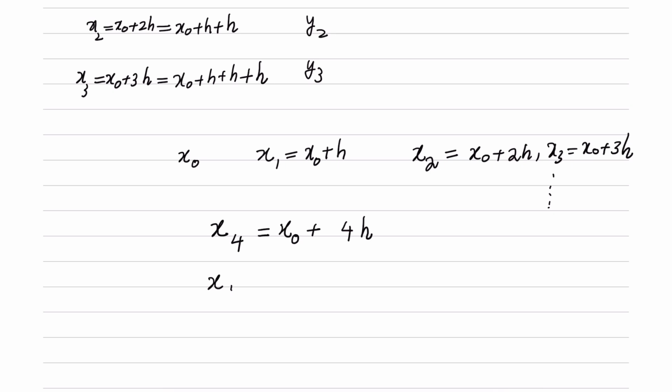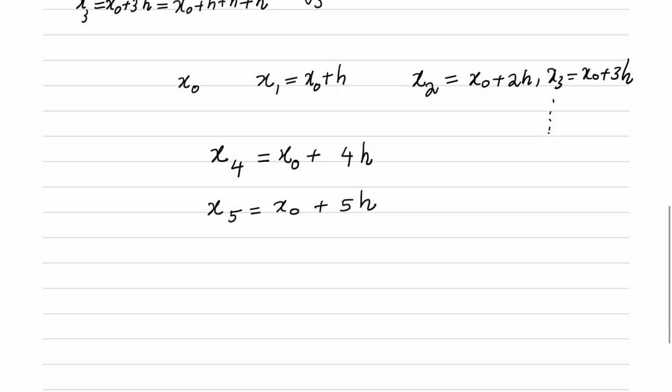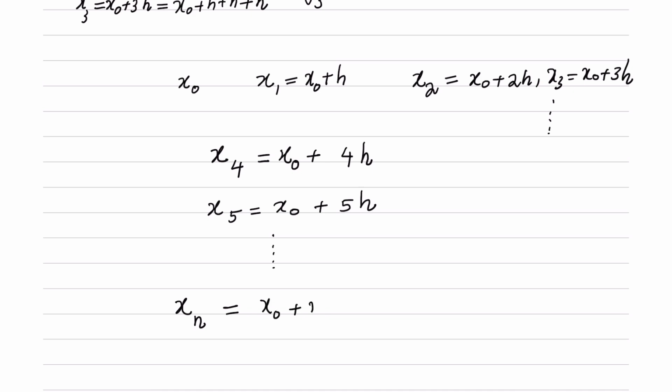In the same way, x5 could be written as x0 plus 5h. So this pattern is followed only in equally spaced data. Following this pattern, we will remember xn will always be written as x0 plus nh, but only for equally spaced data.